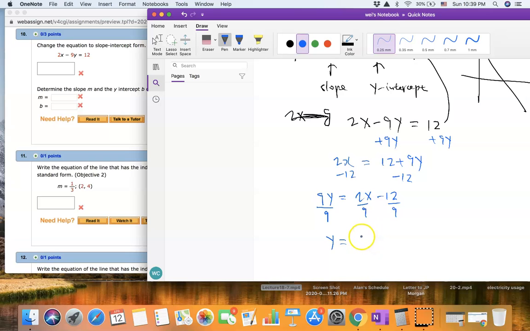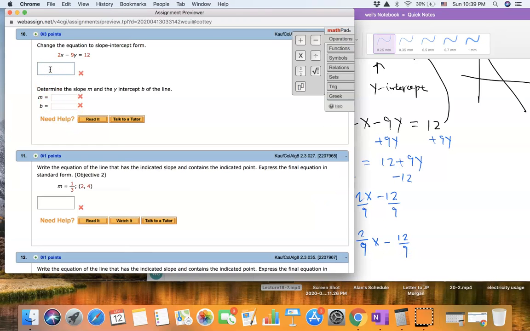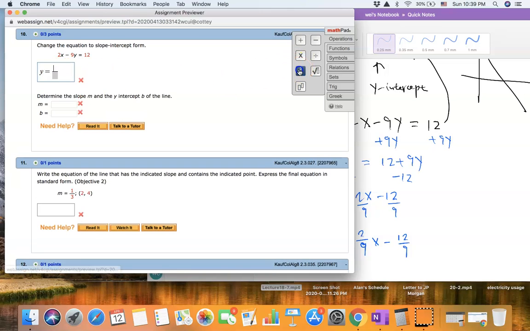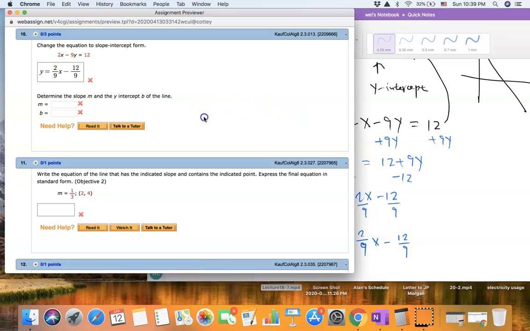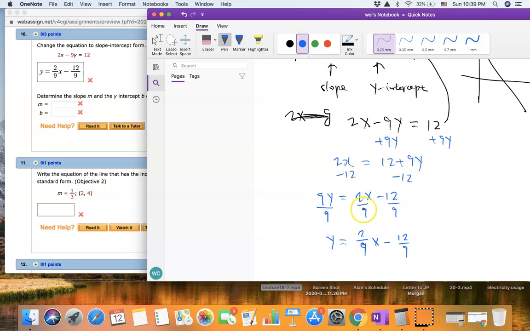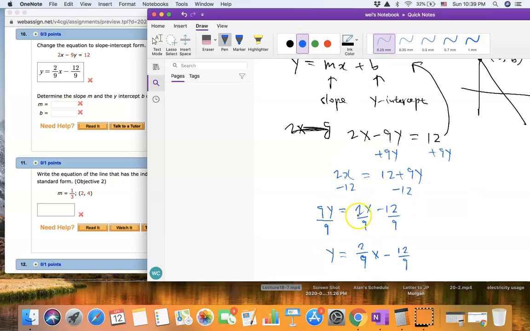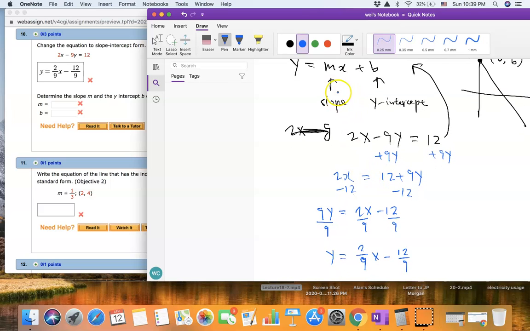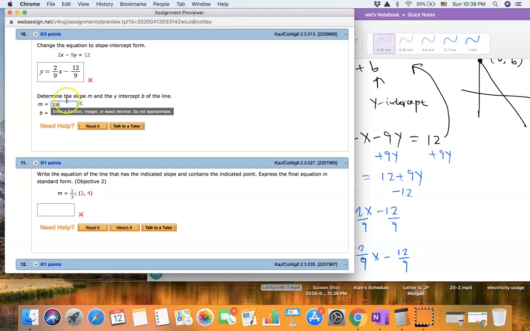So the equation becomes the slope-intercept form: y equals 2 over 9 x minus 12 over 9. In this equation, the coefficient of x is the slope, so the slope equals 2 over 9.